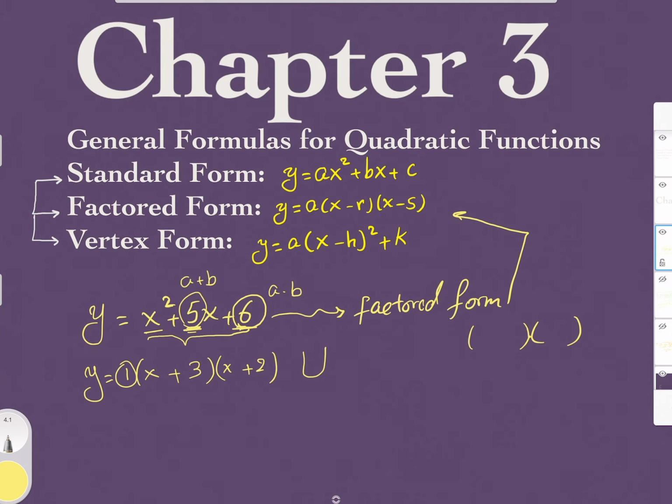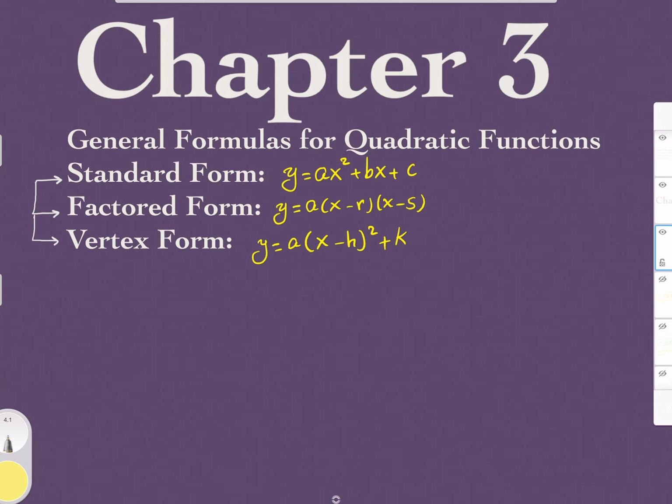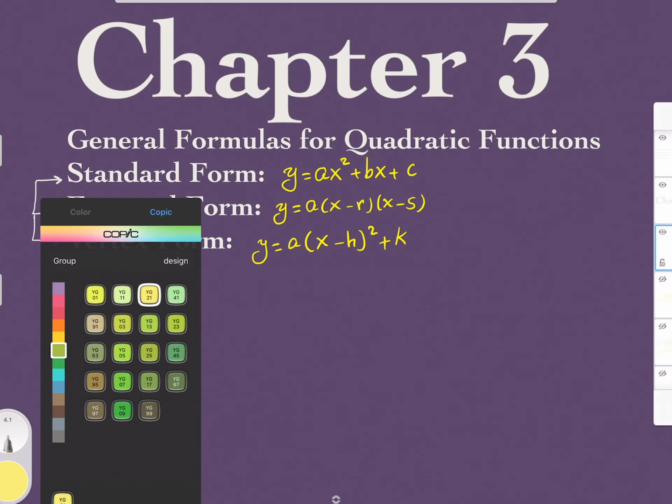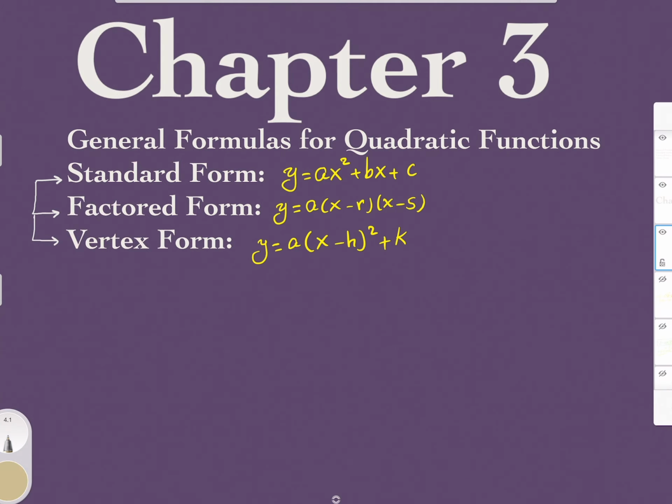Now let's do something challenging. I give you a standard form. Now the question is make it into a vertex form. Example, y equal to x squared plus 8x plus 3. This is a quadratic equation. We know it's concave up.